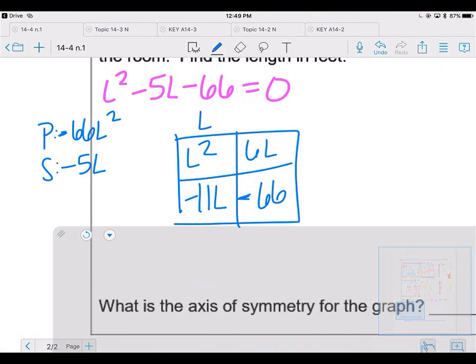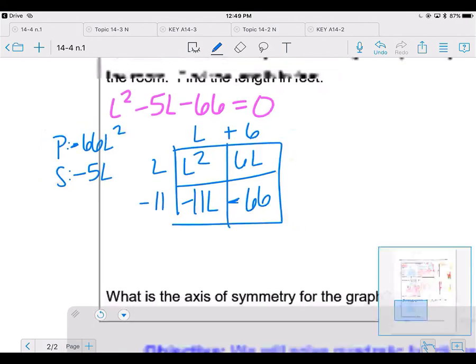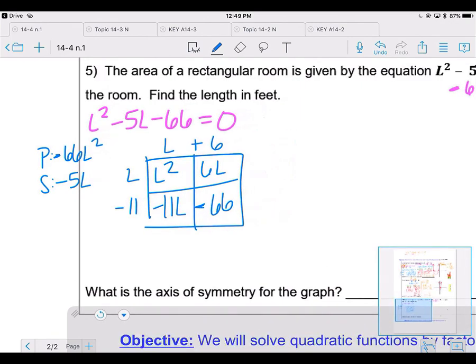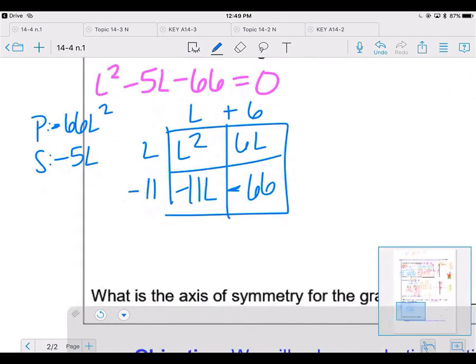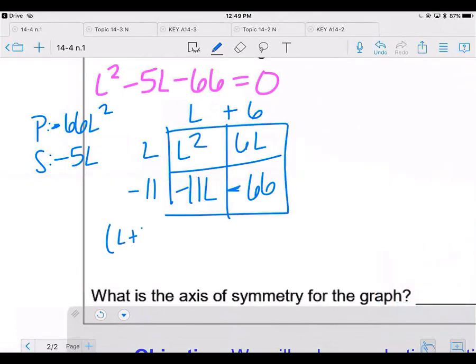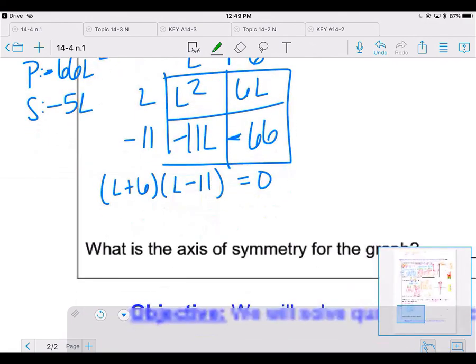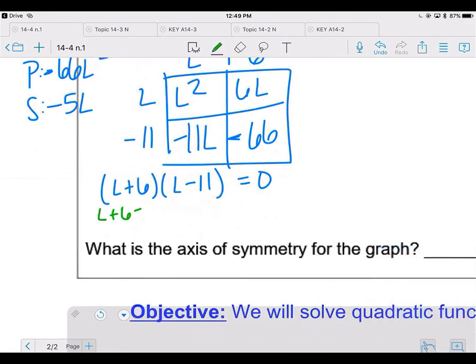So from here, I take out my GCFs. So my factored form is L plus 6, L minus 11. I take each factor and set it equal to 0 and solve.